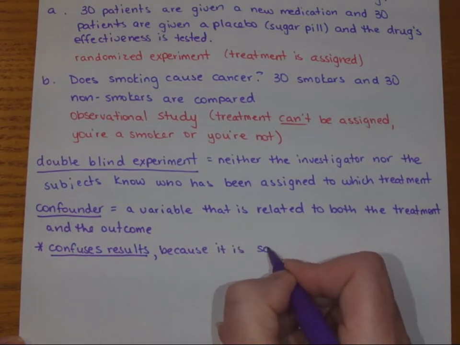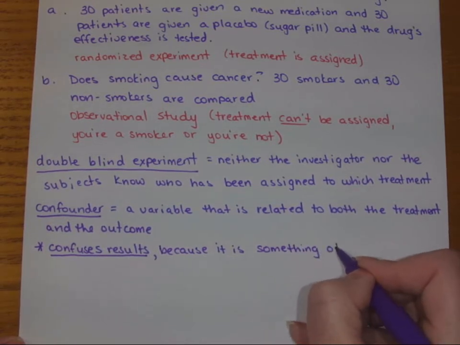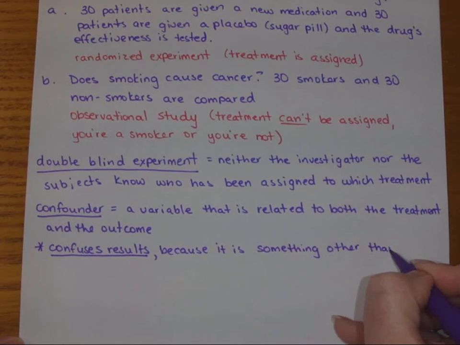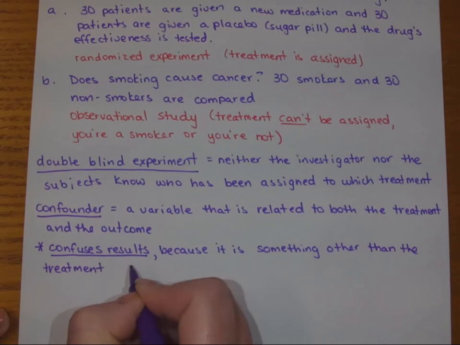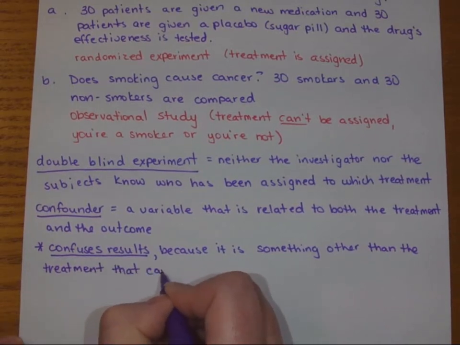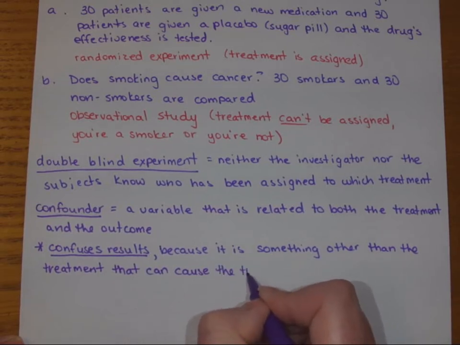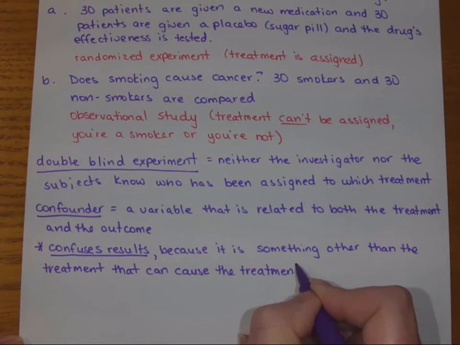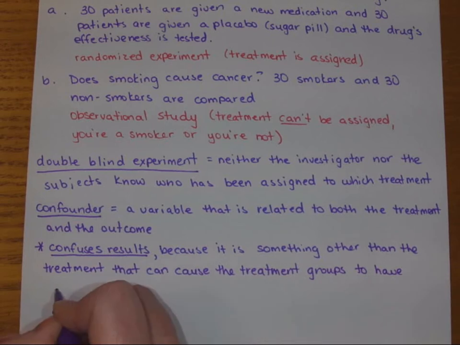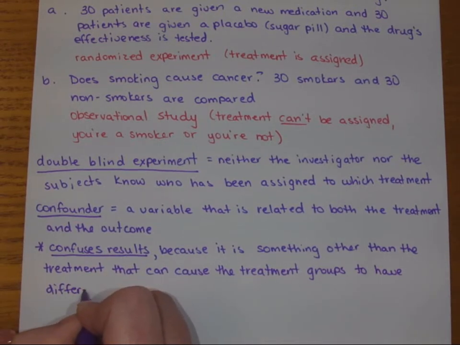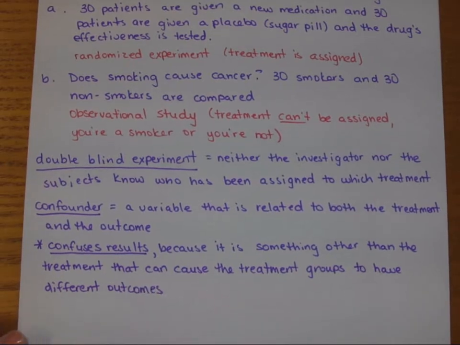It is basically something other than the treatment that is causing the different outcomes. So you need to be aware of confounders, and you need to kind of avoid them if you can.